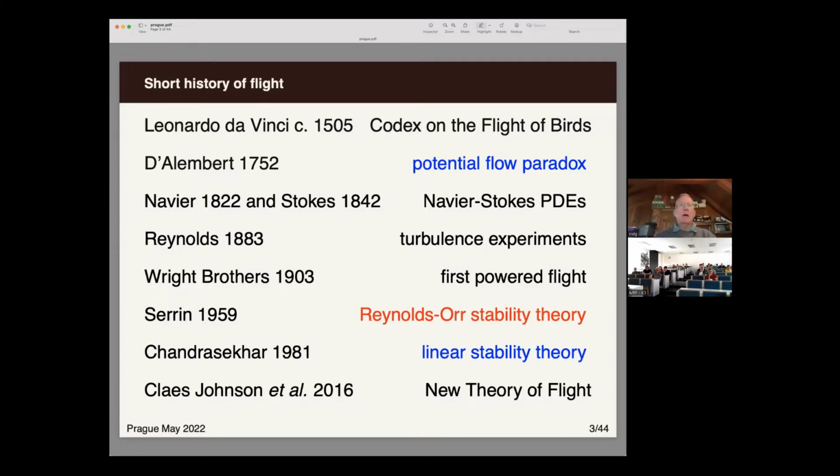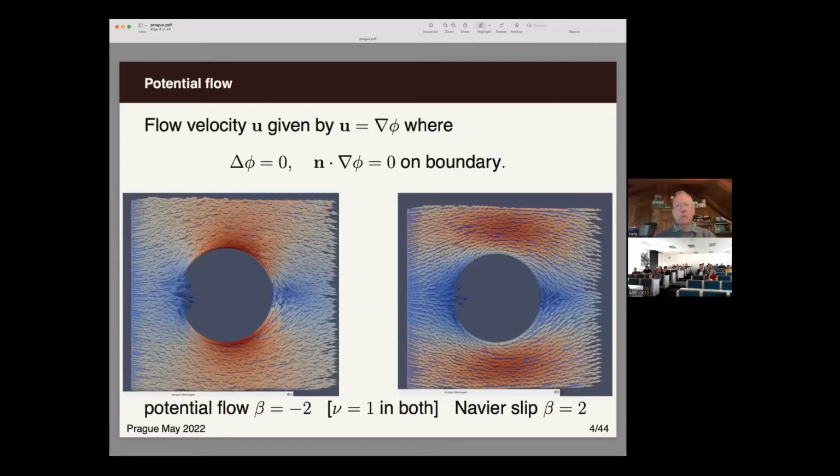But let me back up and talk about potential flow, what D'Alembert observed. So potential flow is a solution of the Euler equation. So Euler preceded D'Alembert and had written down fluid flow equations, where viscosity did not appear. So it was a very rudimentary set of equations. And D'Alembert realized that you could have what's called a potential flow solution.